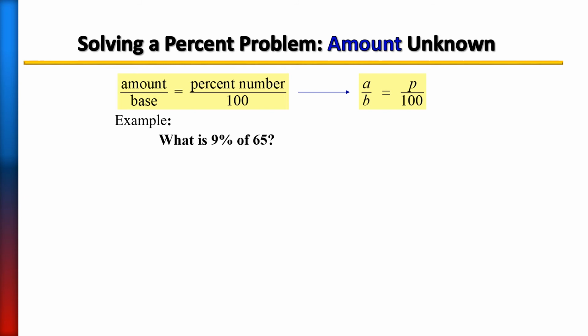Okay, so what is your amount? You don't know what it is, so that's going to remain the variable. The A will stay there. We do know the percent. The percent is 9%, so the 9 is going to go where the P is. So let's go ahead and put everybody in their places.